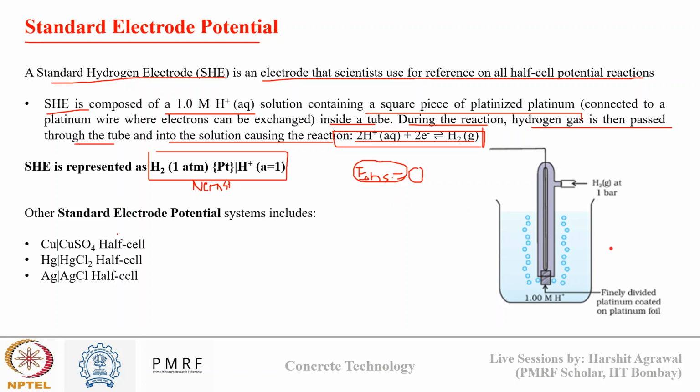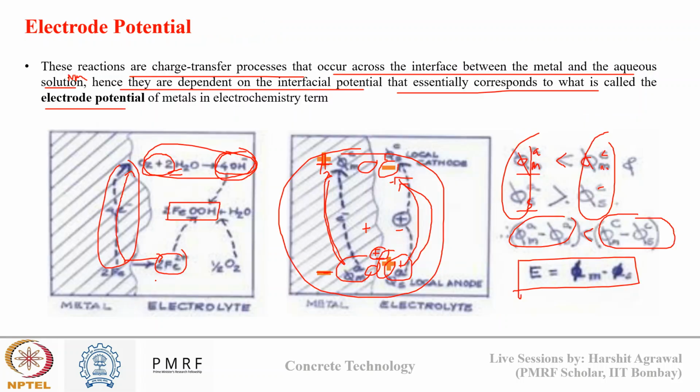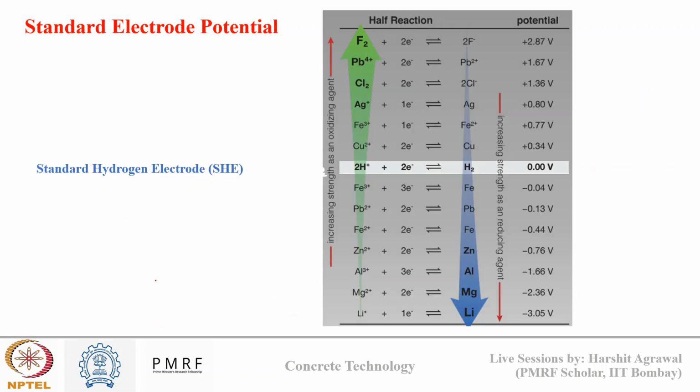Apart from the standard hydrogen electrode, there are other standard systems also, like the copper sulfate half cell, mercury chloride half cell, and AgCl half cell, which are also used to calculate the electrode potential of a corrosion system. Now in this table you can see, with respect to the standard hydrogen electrode, the values of different half cell reactions.